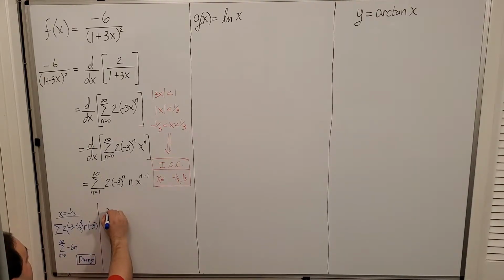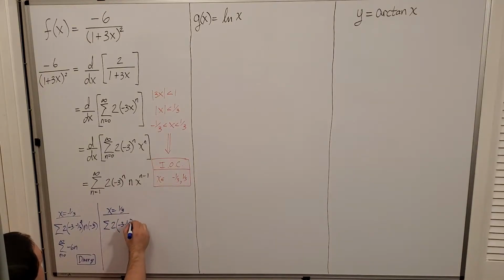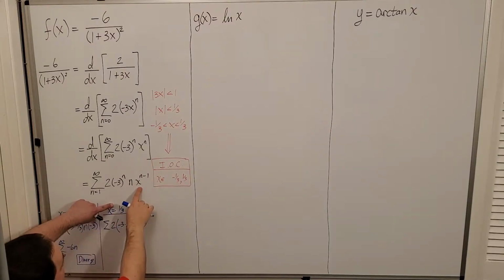What about when x is positive 1/3? I think we're going to find a similar difficulty here, because when I plug in the 1/3, I'll have negative 3 times the 1/3 again to the n, and then n times 3. The 3 again, because I'm doing n minus 1 for when I plug in the 1/3 into x, so I'm balancing out to make it n, to make these two match.